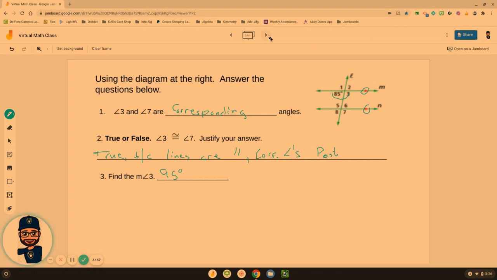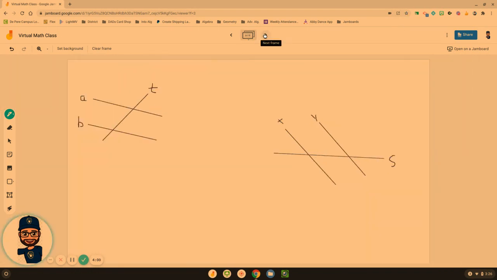Because now we're going to move into the new material, right? We've got these 2 types of pictures here that are happening. Diagram number 1, I'll put over here. Diagram number 2, we'll call this one over here. And what we have are 2 lines that are being cut by a transversal. We don't know if the lines are parallel. Quite frankly, it doesn't matter at this point.